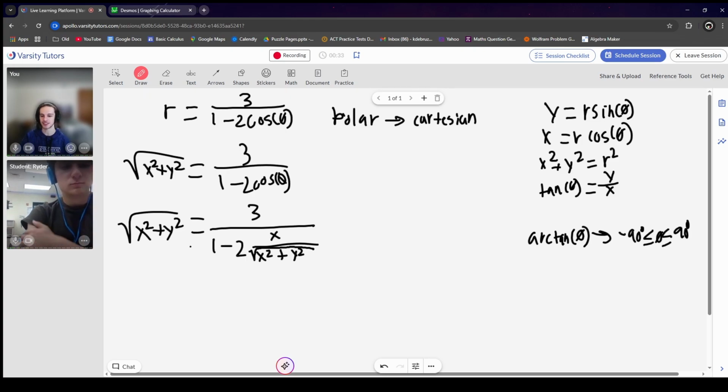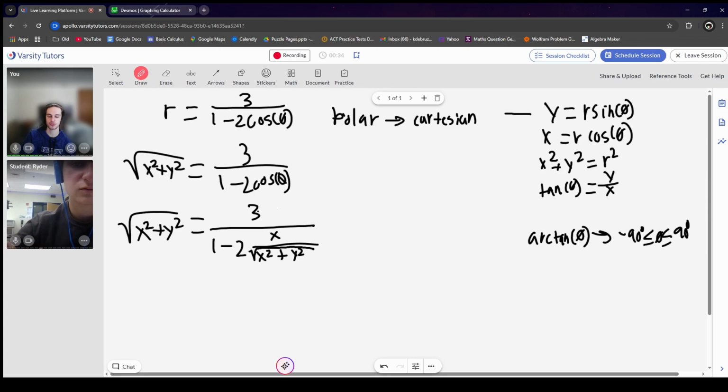We're not done though. We'll do our damnedest to try and solve for y. I don't think we'll be able to, or well, actually we might be able to. We'll see. So, what do you think we should do? Logic would think that you're supposed to use this equation, but I'm not sure how that helps us much, because I thought you were supposed to keep the theta out of the equation.